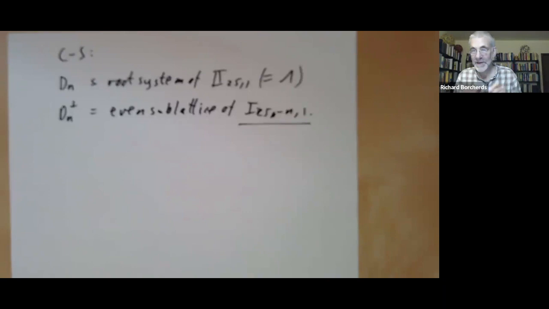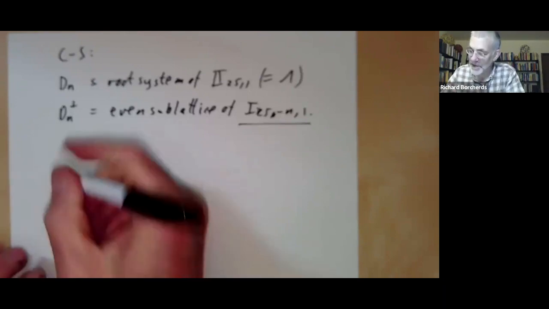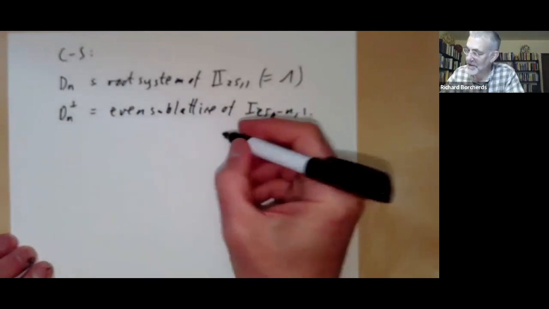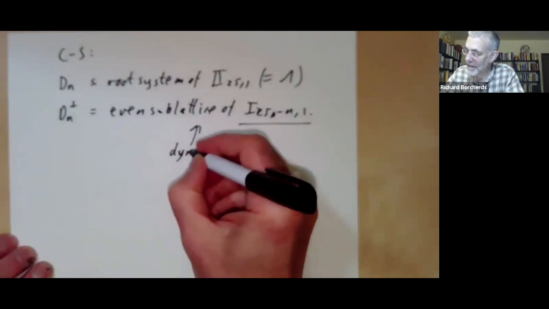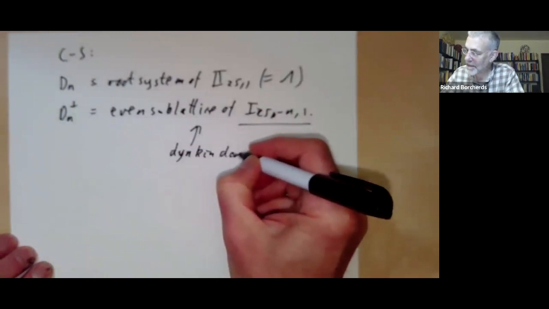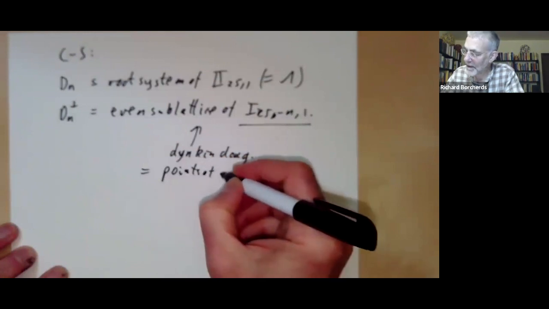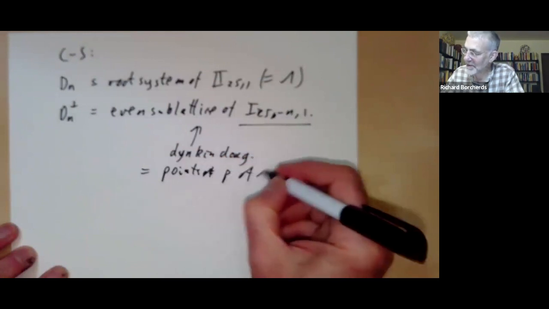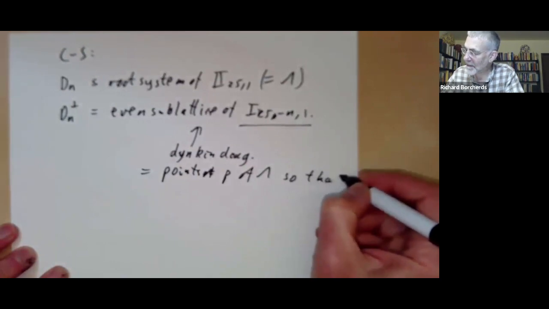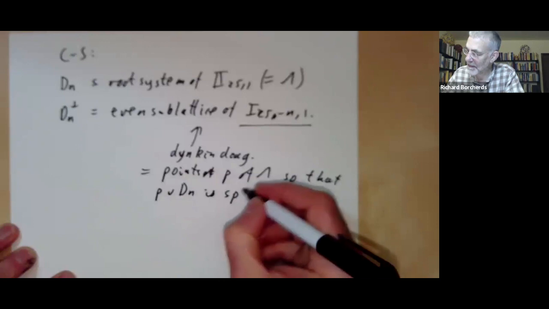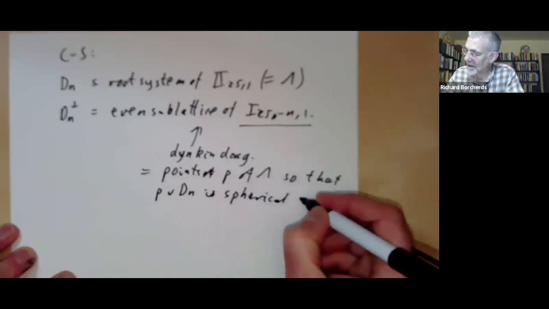And Conway and Sloane showed that there's a very neat interpretation of Vinberg's Dynkin diagram. So the Dynkin diagram of this is just the points P of lambda, so that P union D_n is a spherical Dynkin diagram.